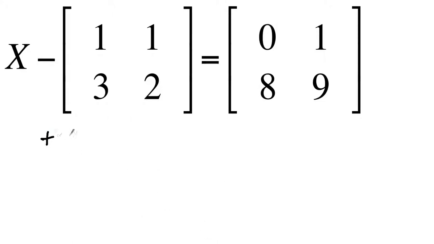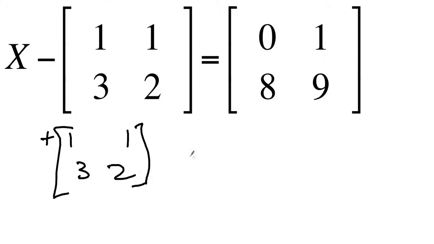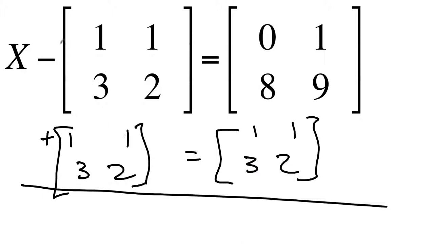Okay, so I'm going to add this matrix to both sides. 1, 1, 3, 2 is equal to, if I add it over here also. Okay, when I add these two together, they're opposites of each other, and so they cancel out. It gives me the identity, which I don't need to write because X plus the identity for addition is going to be just X. And then here, if I add 0 and 1 together, I get 1.